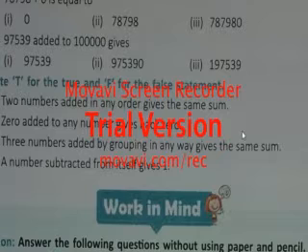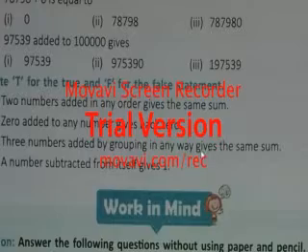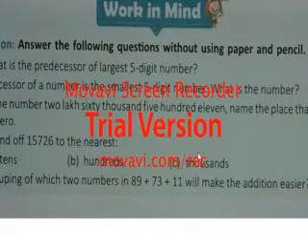So now if you see question D, here it is, a number subtracted from itself gives 1. Okay, that is wrong. When a number is subtracted from itself, it gives 0. So this is false. After that there is a section called work in mind.